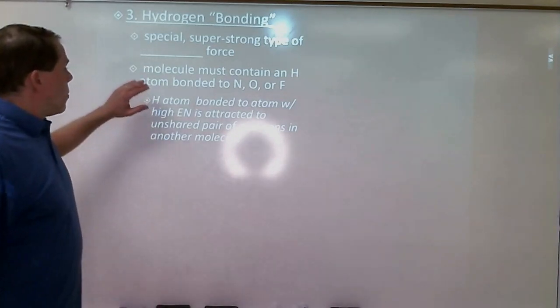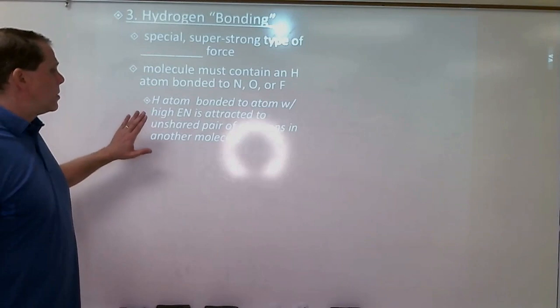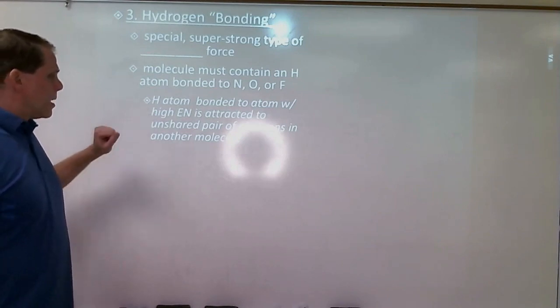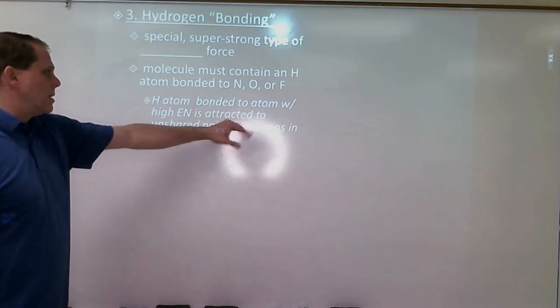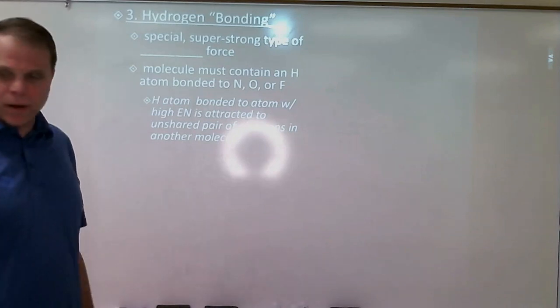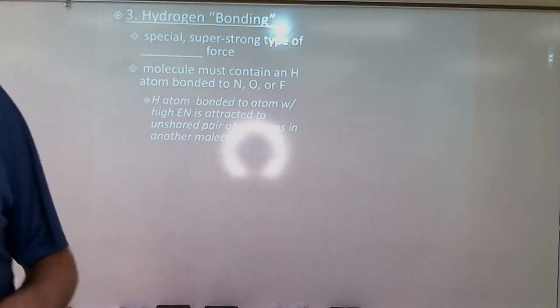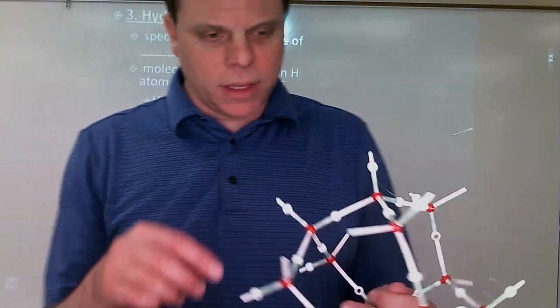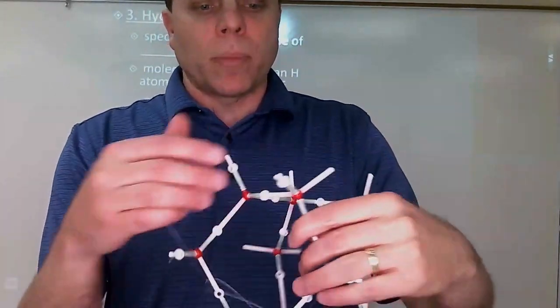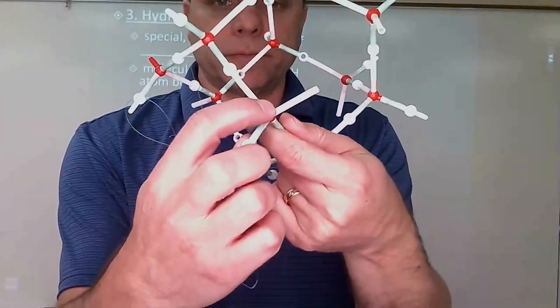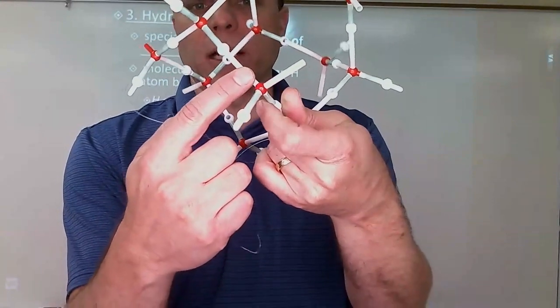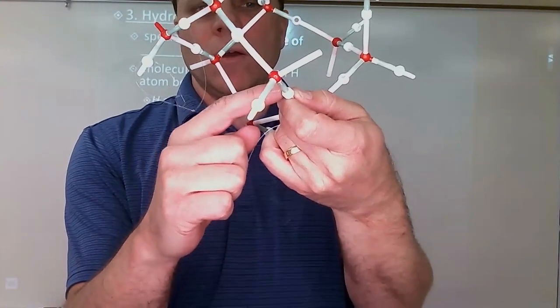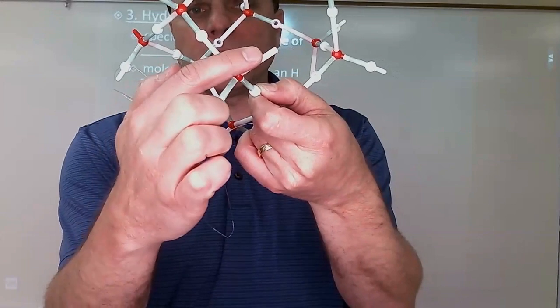All right, so what is it? It's a hydrogen atom bonded to an atom with a high electronegativity, and basically it's the attraction to that unshared pair of electrons. So here in this particular example, you can see my oxygen here has an unshared pair of electrons because it's not bonded to a hydrogen, right? This is an unshared pair, that's an unshared pair.